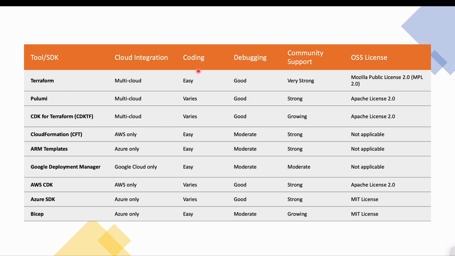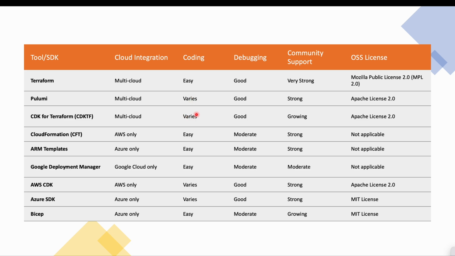When you compare the coding, it is very easy to write code in Terraform. Even though it is a new language, you can easily learn it. It is just a key-value pair, structure based language. You can easily learn it, and the coding is very understandable. But if you go for Pulumi and CDKTF, it depends on the person.